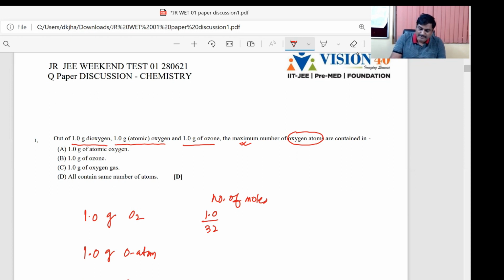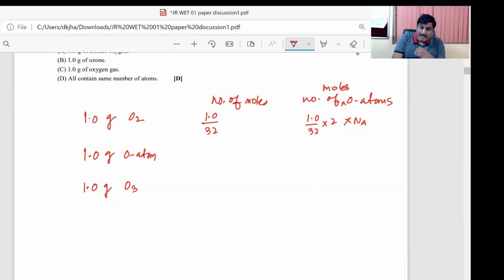The number of oxygen atoms is equal to 1.0 by 32 into 2, because in one O2 there are 2 oxygen atoms. So the number of atoms is equal to the moles into Na, the Avogadro number. Correct. Now 1 gram of oxygen atoms.